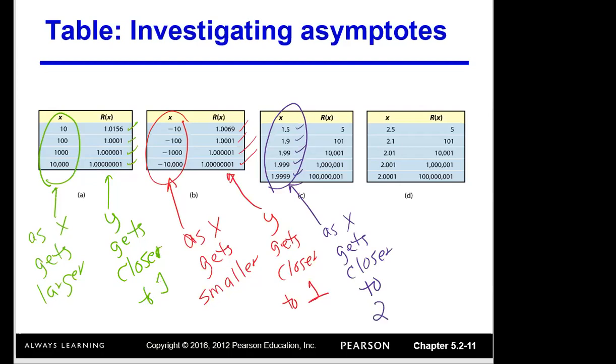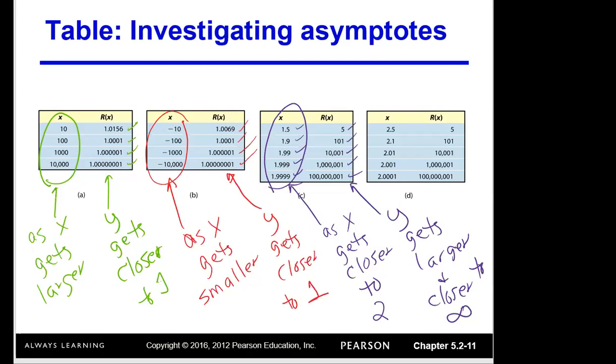Okay, so as x gets closer to 2, now I'm looking at my y's. The y coordinate is a 5, then a 101, then a 10,001. As x gets closer to 2, y gets larger. And it actually gets large fast. It's getting larger and closer to infinity.